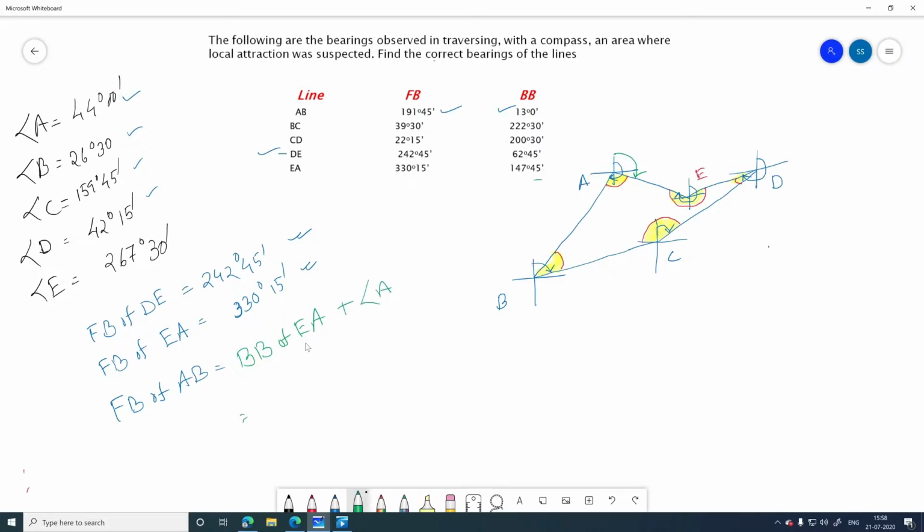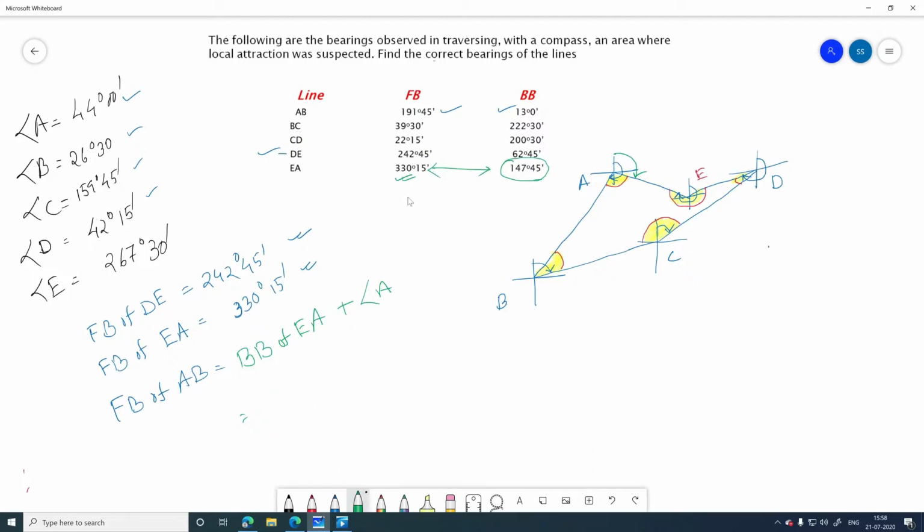So what will be the back bearing of EA? We will not take this particular value, because you can see the difference between these two is not exactly 180 degree. We know the forebearing is correct, so 330 degree 15 minutes is correct. So the back bearing is just the forebearing minus 180 degree.